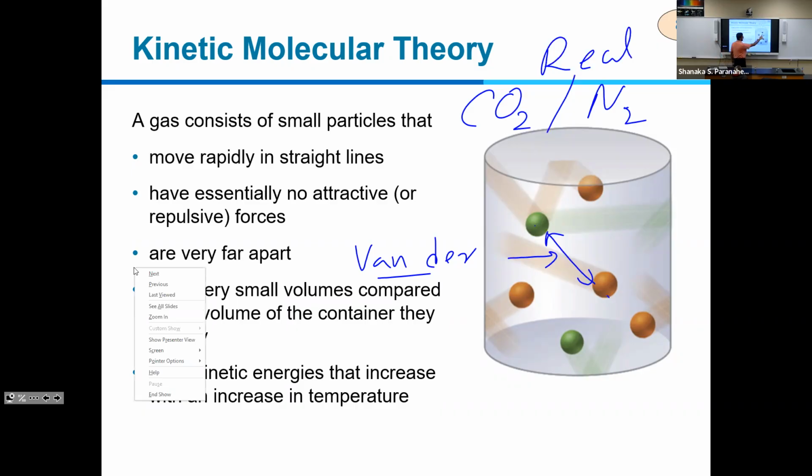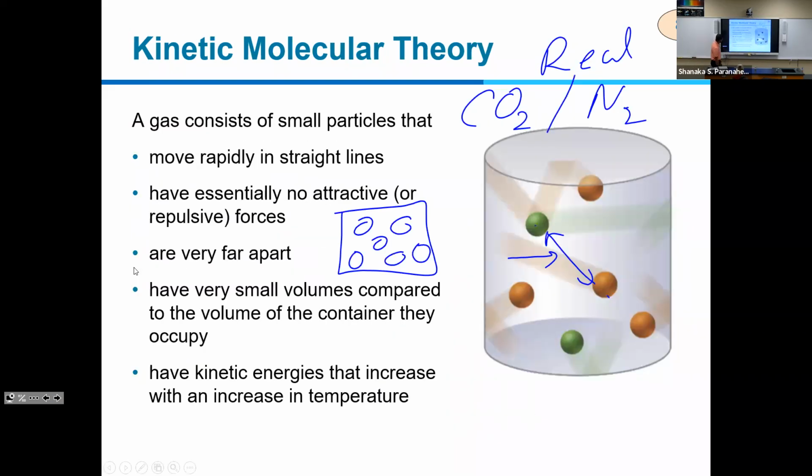Let's say we have 6 particles in a small container. This is the size of the container. Now they're not far apart. It depends on the container. They also have very small volumes compared to the volume of the container. Again, it depends on the size of the container.